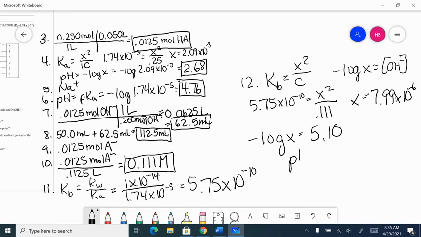And my pH is 8.90 because this is POH. So pH is 14 minus POH. That is my answer for number 12.